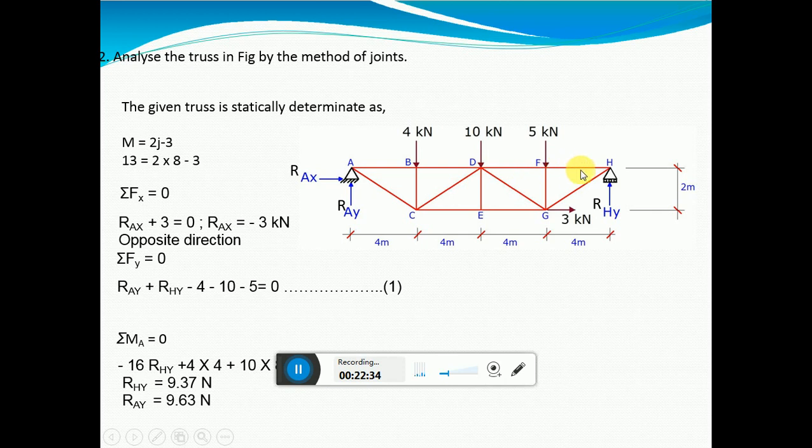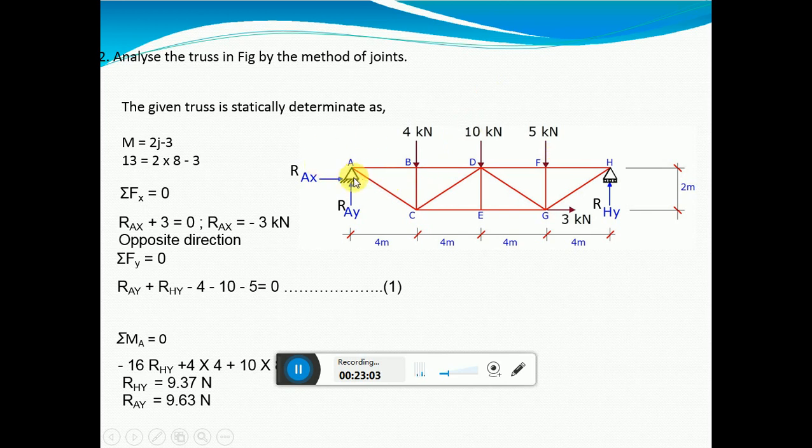Count how many joints are there: 5 plus 3, 8 joints, and 13 members. So M is 13, which is equal to 2 into 8 minus 3, which is 13. So it is a statically determinate structure.